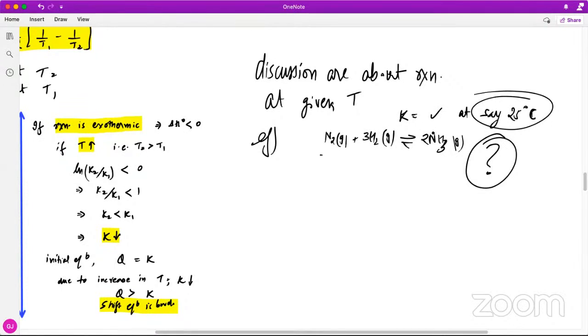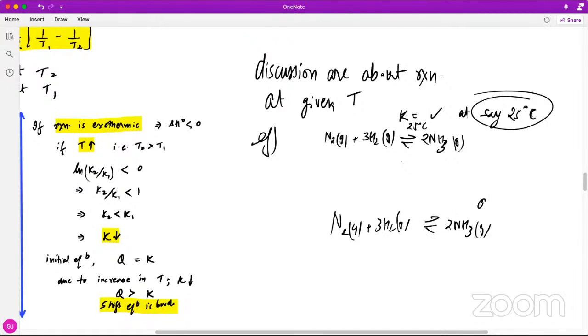ठीक है. Now what I am doing is, as part of this discussion, I am asking you कि 25 डिग्री सेंटीग्रेड पर मान लो ये जो रिएक्शन है, इसका कुछ K होगा, दिस इज K ऑफ 25 डिग्री सेंटीग्रेड. मैं पूछ रहा हूँ कि यही रिएक्शन अगर मैं 100 डिग्री सेंटीग्रेड पर एनालाइज कर रहा होता, व्हाट डू आई मीन बाय 100 डिग्री सेंटीग्रेड? दैट आई वुड बी स्टार्टिंग विद N2 and H2 एट 100 डिग्री सेंटीग्रेड. मैं ऐसे रूम में इनको रखता, ऐसी सराउंडिंग्स में रखता जो 100 डिग्री पर है.